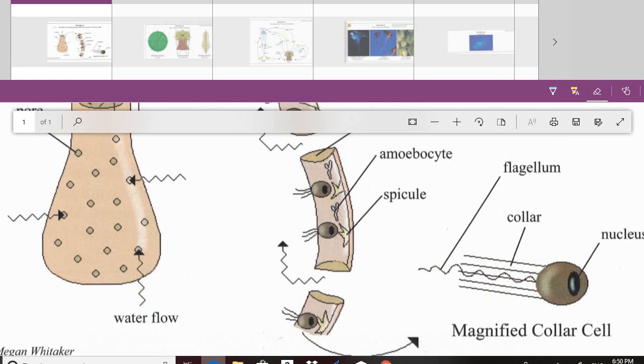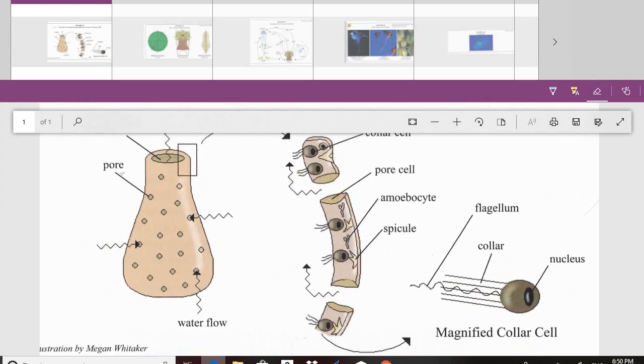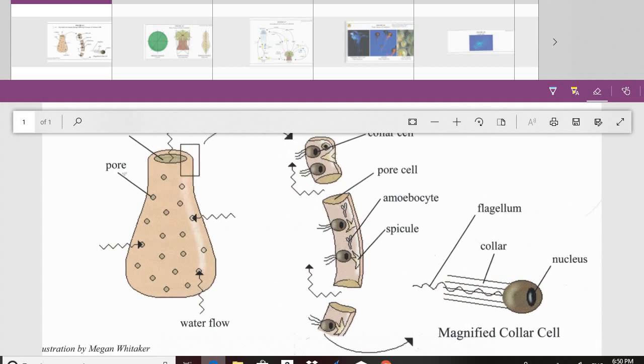Here's a picture of the collar cell enlarged, so you can see here the flagellum that come off of that collar cell that aids in moving the water in so that the food can be trapped in there. Okay, we'll come back to this. Let's go back to the whiteboard.